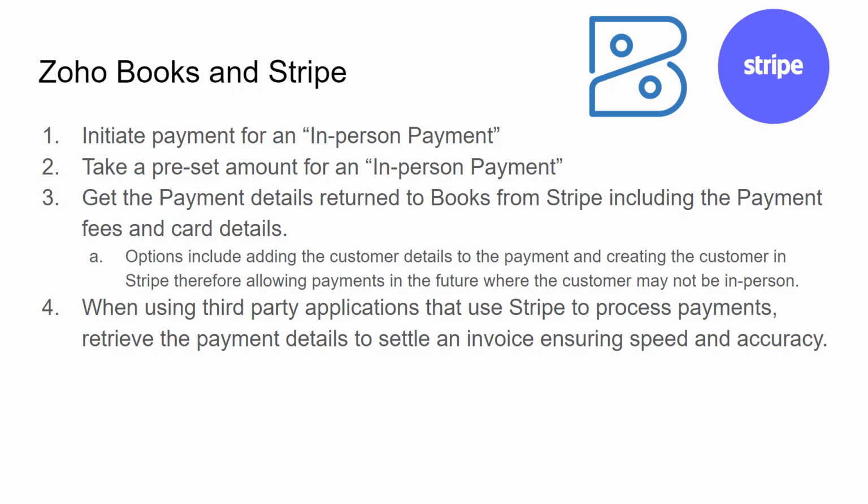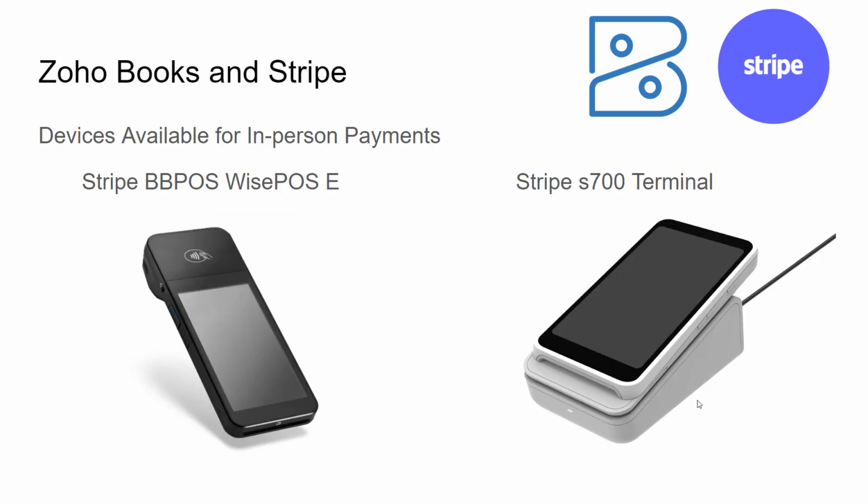So we have written scripts to just simply speed that whole process up, and we'll show you that one live in a minute. So let's have a look at the terminals that Zoho can work with through the scripting from Stripe. So Stripe offer 2 terminals that can be programmable.